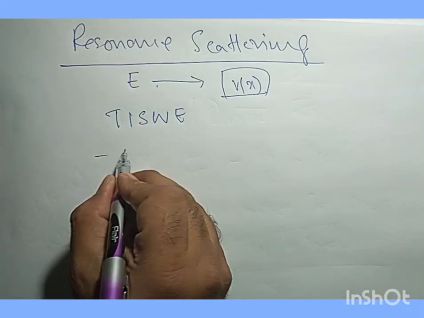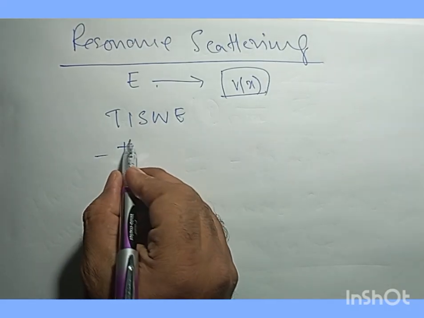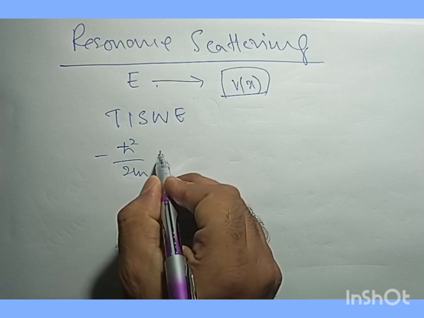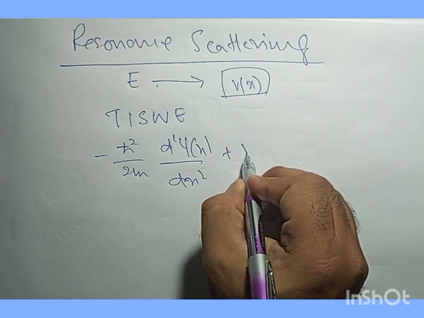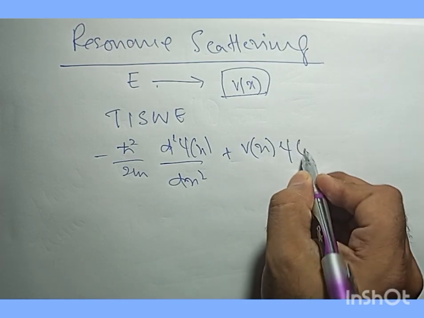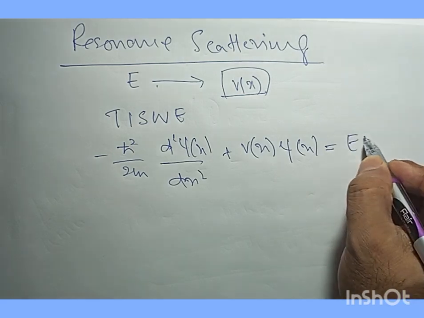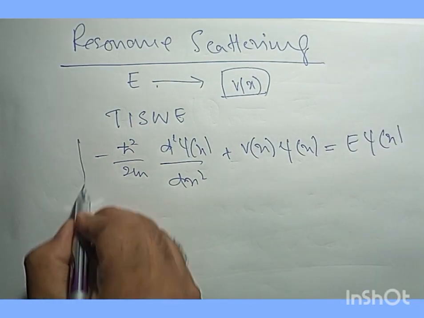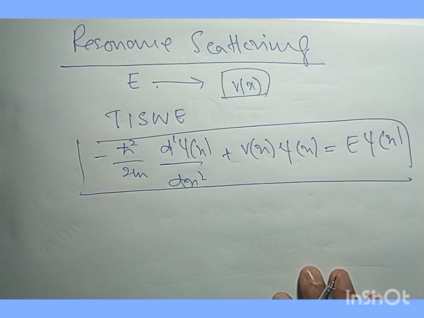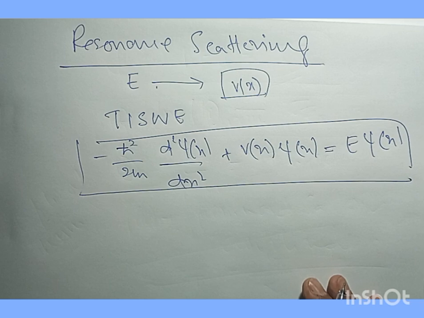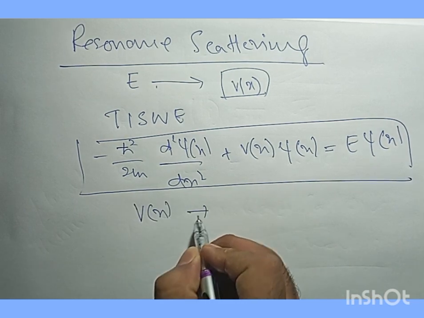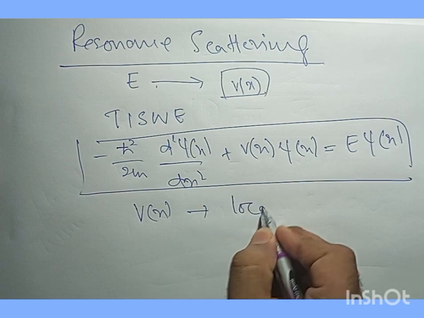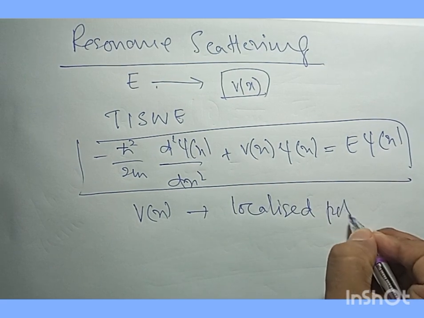That's minus h cross square by 2m, d2 psi of x by dx2, plus V of x psi of x equals E psi of x. This is our time independent equation, and this V of x represents a localized potential.